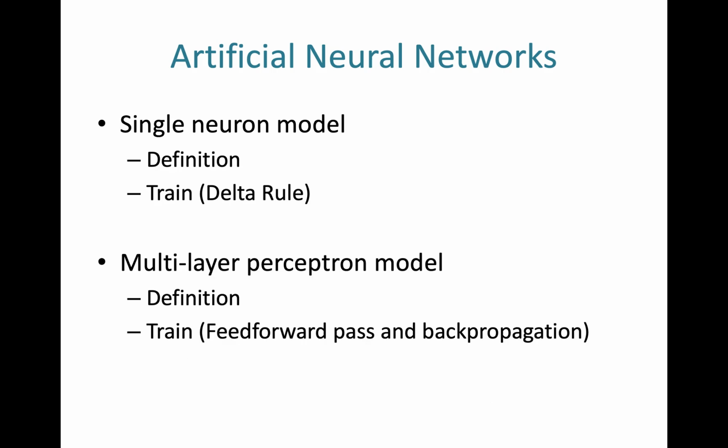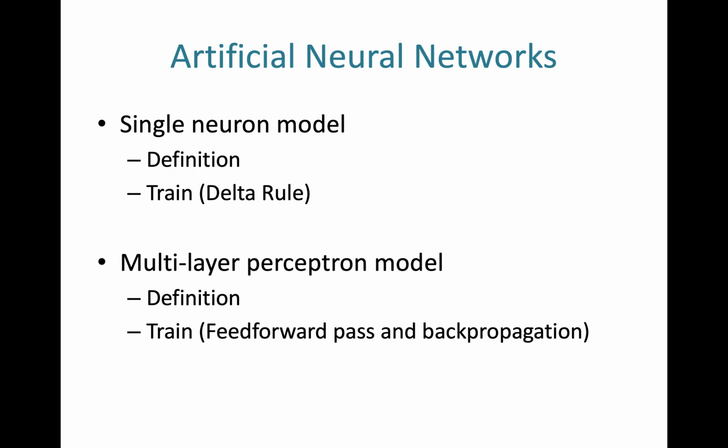And so today I'm going to be talking about a couple of different things with respect to artificial neural networks. We're going to start with a single neuron: how do we define a single neuron, how does it work formally, by this inspiration from biology, and also how do we train a single neuron model with what is known as the delta rule.